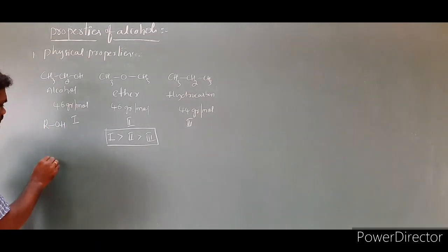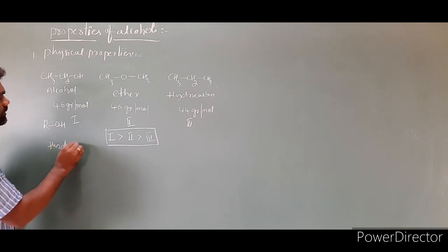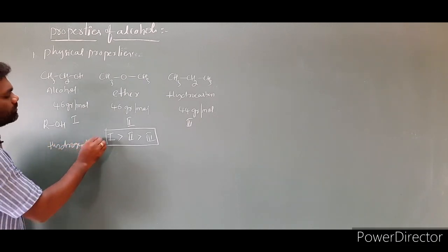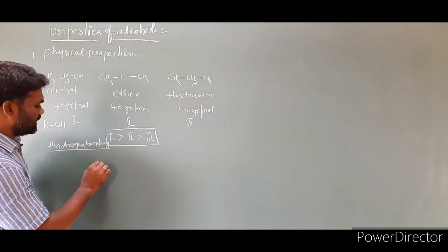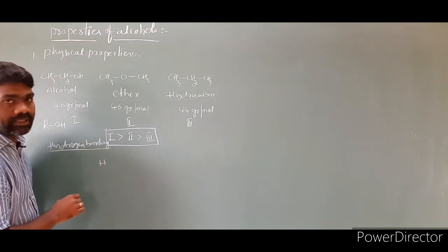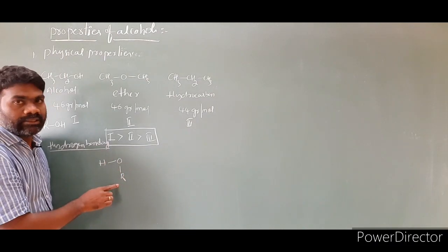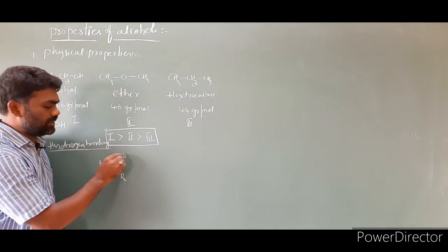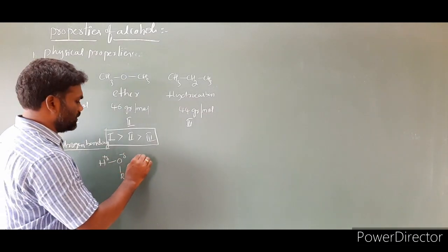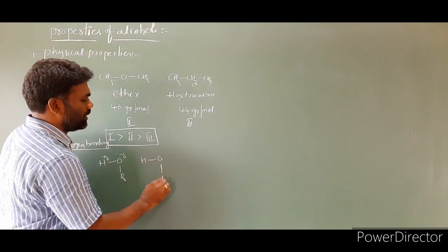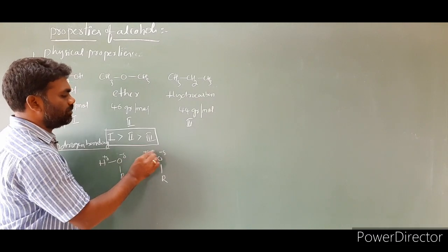Now I am labeling this hydrogen bonding in alcohols. So this is the hydrogen of alcohol, HOR. This oxygen has a partial negative charge, this hydrogen has a partial positive charge. I am taking another alcohol molecule, HOR. This is the partial negative charge, this is the partial positive charge.